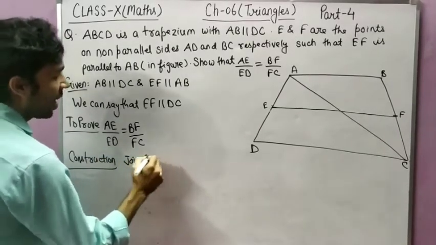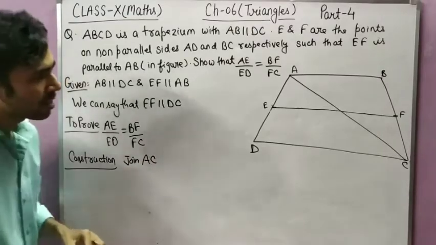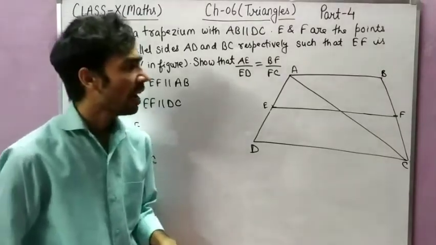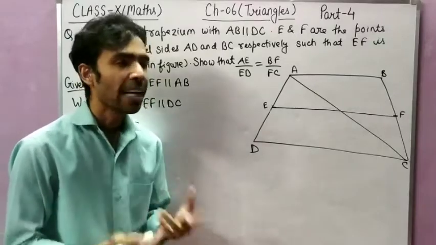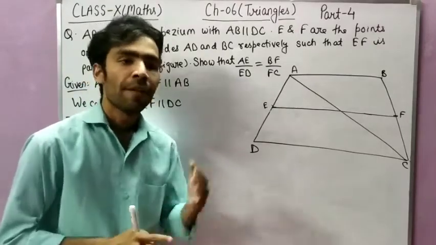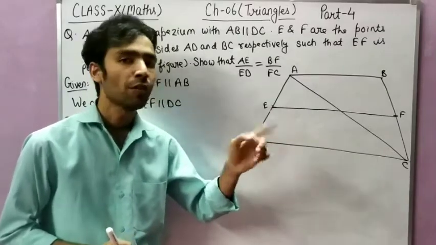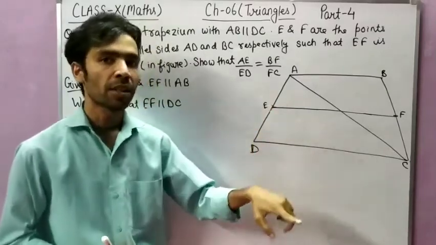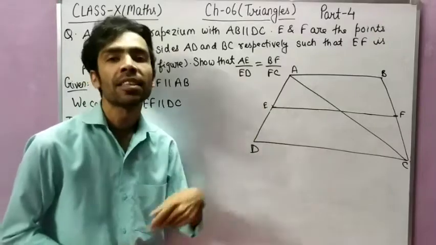Why have I done that? Because I have to apply Thales theorem, and in Thales theorem, when a line is drawn parallel to one side of a triangle and intersects the other two sides, then the other two sides are divided in the same ratio.